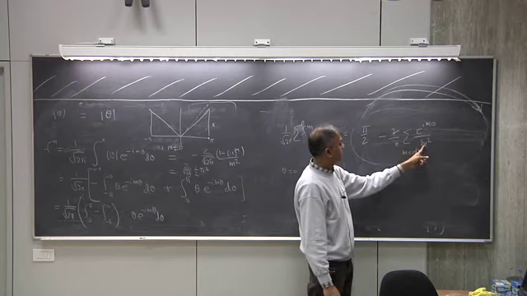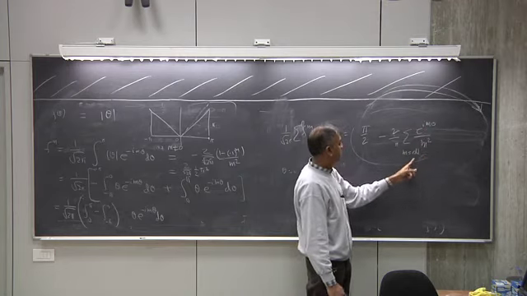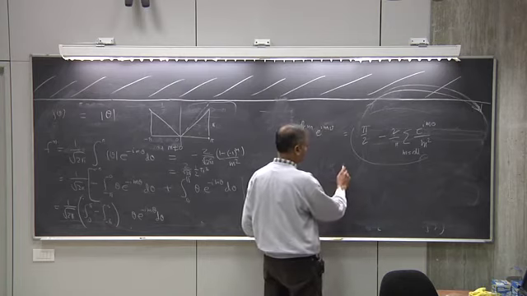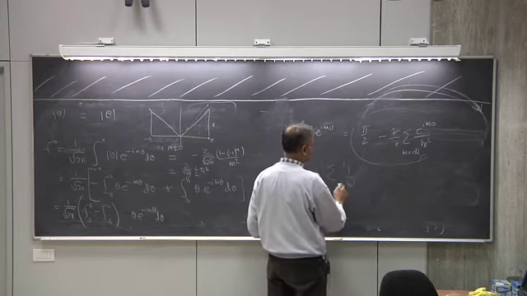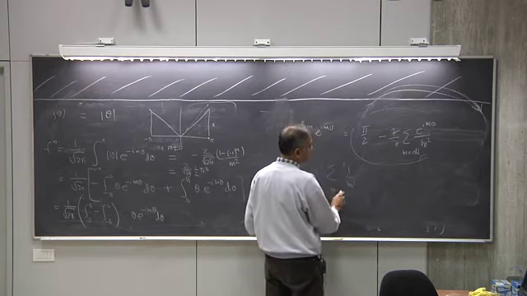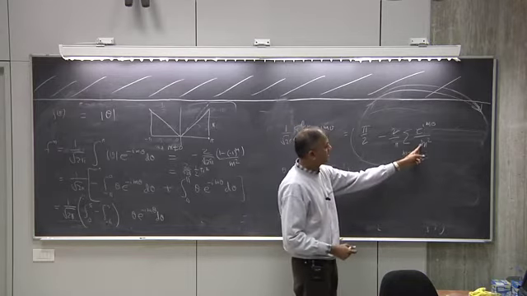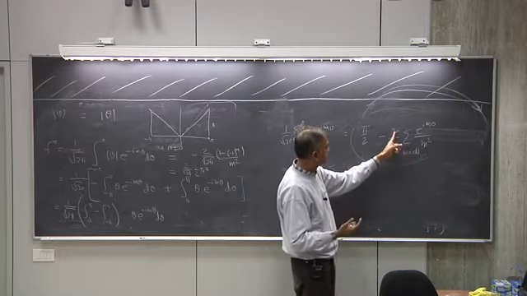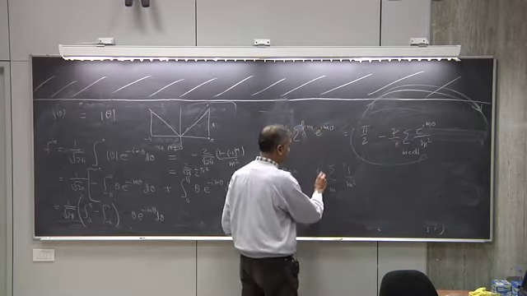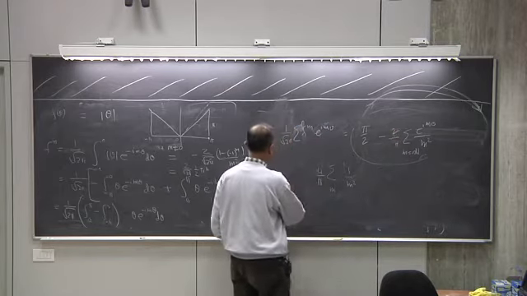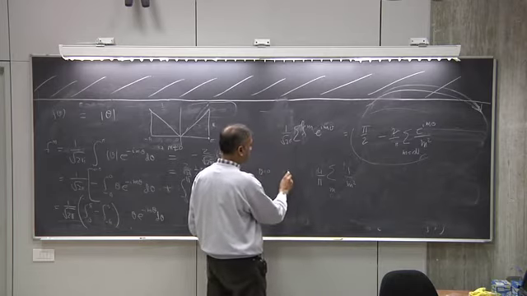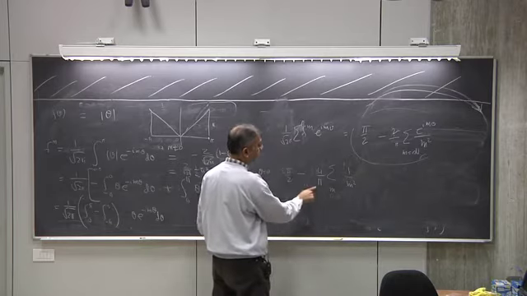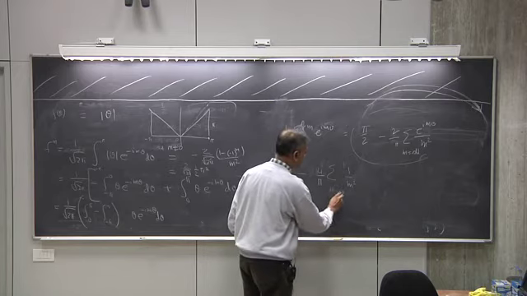So you get the sum over 1 over m square, where m is odd. Well, m positive and negative give you the same factor because m square is even, so it gives another factor of 2. So 4 over pi. At theta equal to 0 you get pi by 2 minus 4 by pi times the sum of 1 over m square, m greater than 0, m odd.